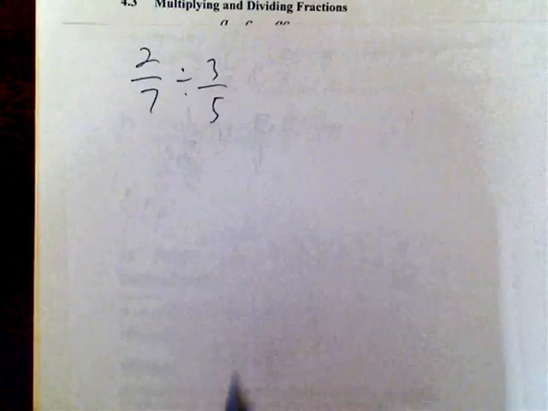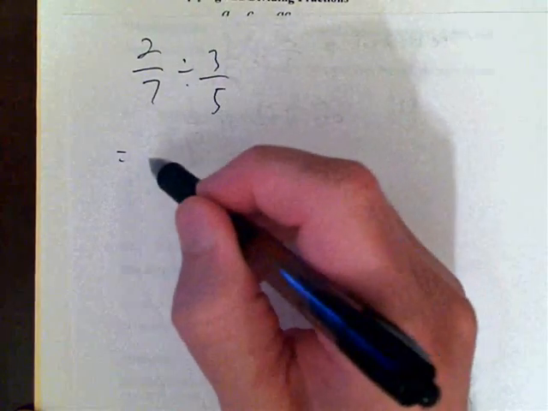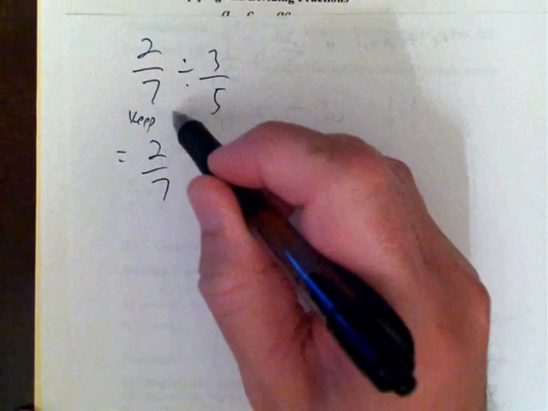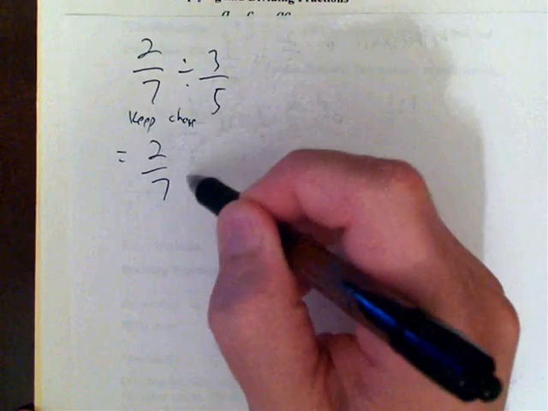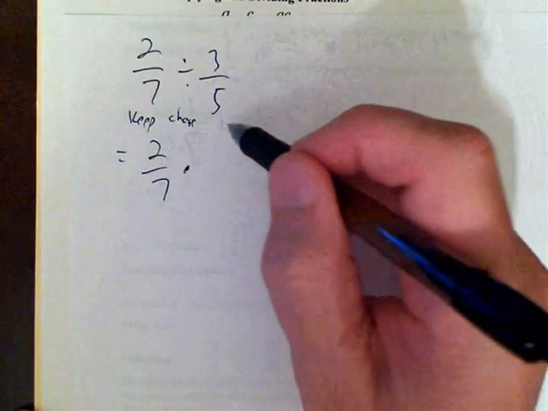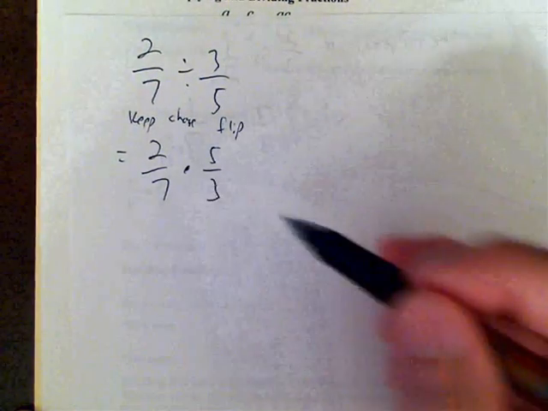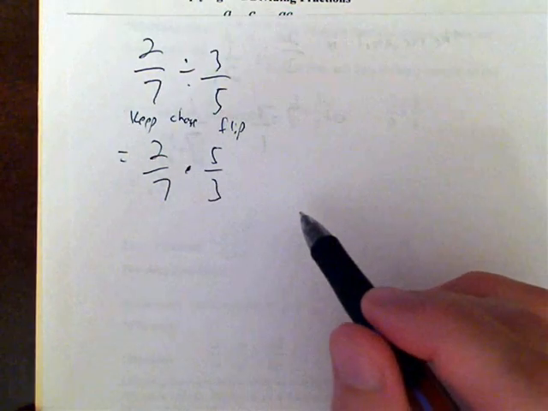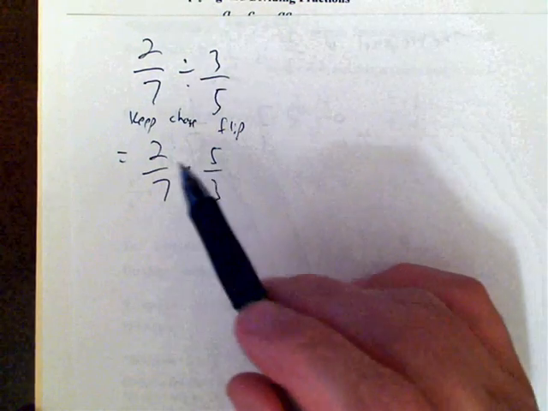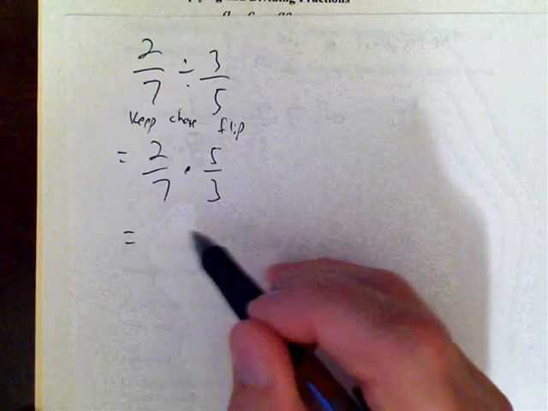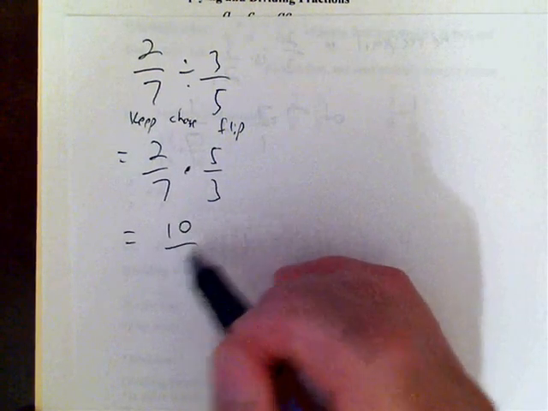We're going to keep the 2/7 and we're going to change division to multiplication, and we're going to flip the 3/5 over to 5/3. Now we're done with division. It's a multiplication problem. I'm looking to see if anything reduces from numerator to the denominator. Nothing does. So I'm going to multiply straight across, and I'm finished.